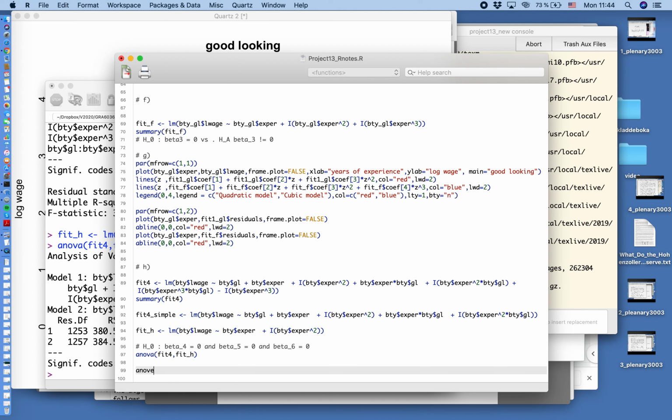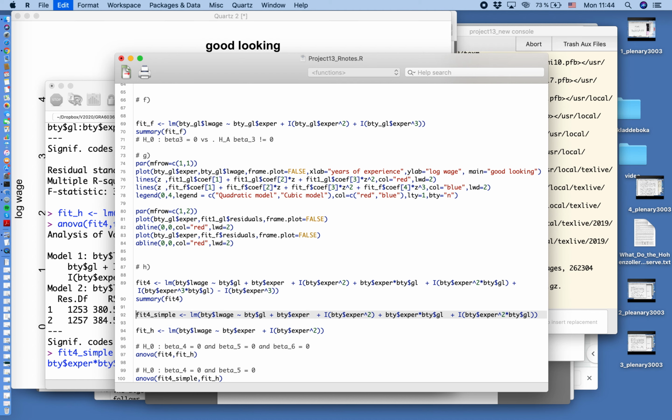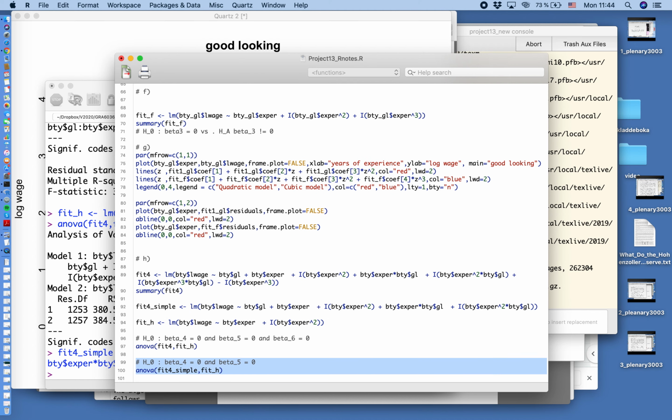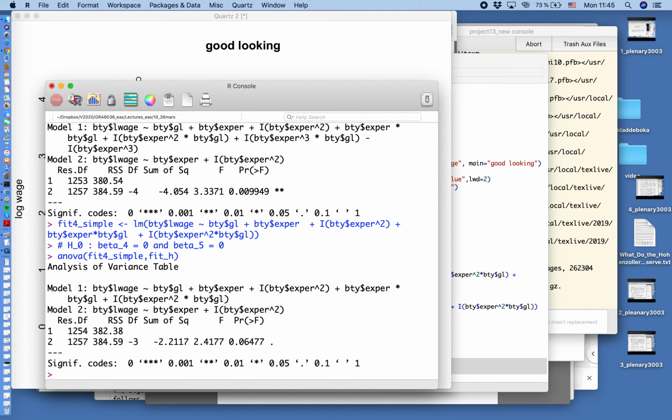So let's do that. Now we're testing against fit age. We're testing this hypothesis again. We did that above, but let's compare it. This is fit 4 simple. This is what we did above. Notice here it was not significant.